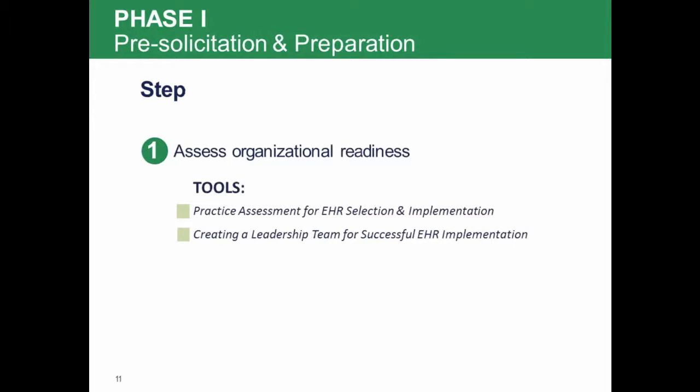Step 1 is to assess organizational readiness. The readiness assessment is the process of measuring how prepared the organization is for a major change. In assessing your readiness, you evaluate how your organization's culture is likely to adapt to an electronic environment, what levels of support you can expect from leaders and from frontline staff, areas where your existing operational policies and procedures will need to change, and whether your organization has a technical aptitude.